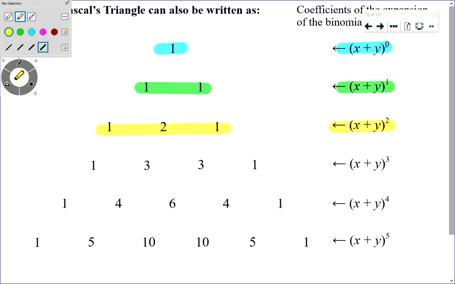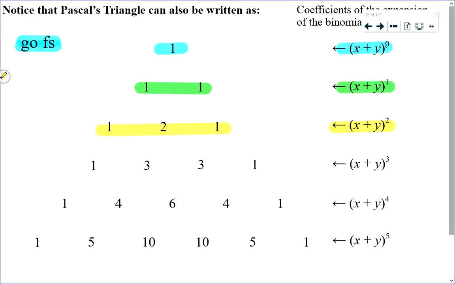But just don't worry about where this is going just yet. I want you to focus on that 1 at the top of the screen. That 1 at the top of the screen could be written as 0 choose 0. If I said to you, you have 0 items to choose from, how many ways can you choose none of them? The answer is 1. 1 is 0 choose 0. I want you to notice in the second row that that first 1 is 1 choose 0.